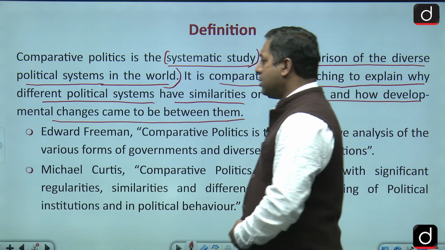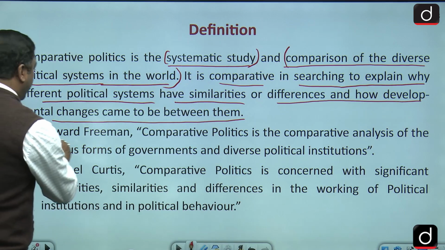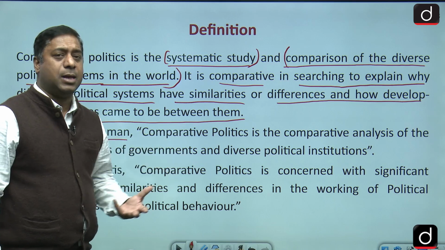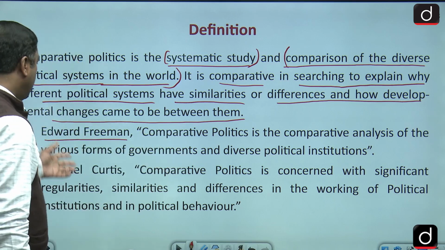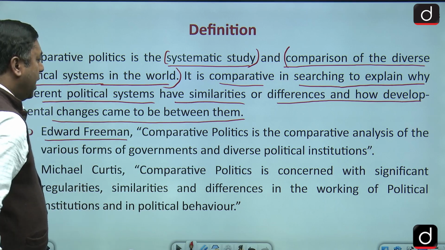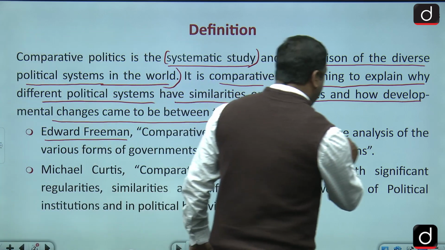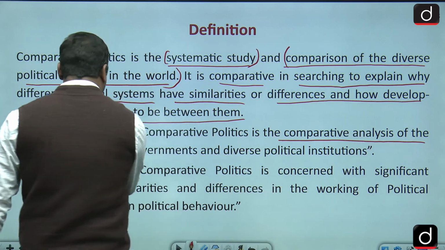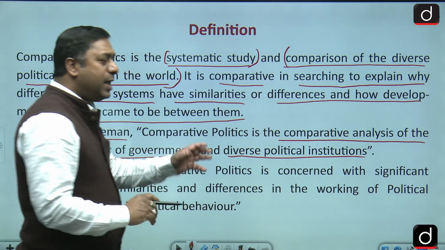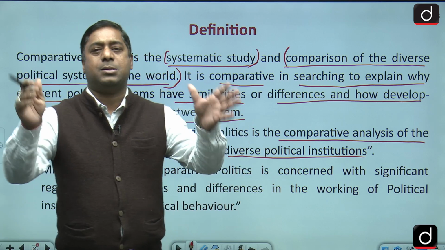Now there was a political thinker, his name was Edward Freeman. I said I'll give you the definitions with more thinkers like that. According to Edward Freeman, comparative politics is the comparative analysis of the various forms of governments and diverse political institutions. So he says that comparative politics is nothing else but comparative analysis.